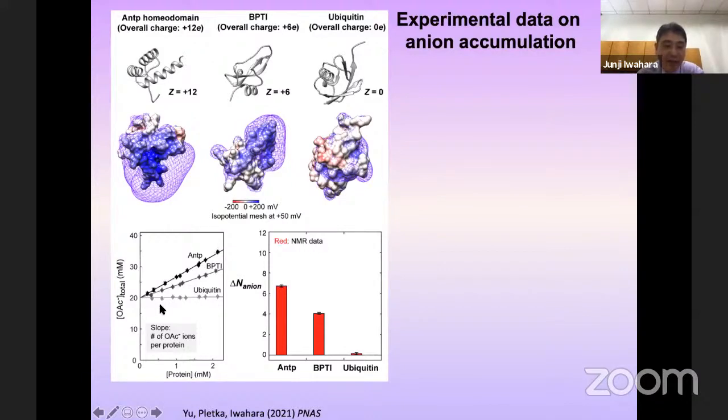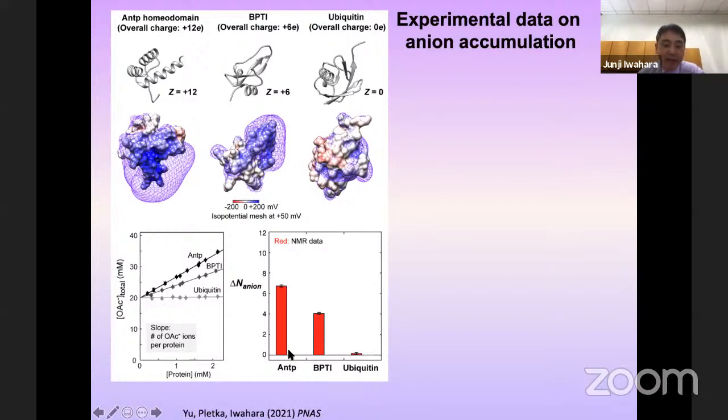The slope gives the number of acetate ions per protein. And as I mentioned, the buffer is designed so that acetate is the only anion in the buffer. So just by measuring the slope here, we can measure ion excess within the ion atmosphere. That's what we did.